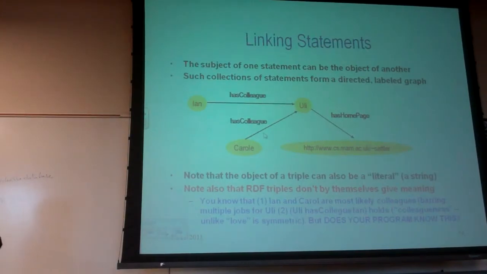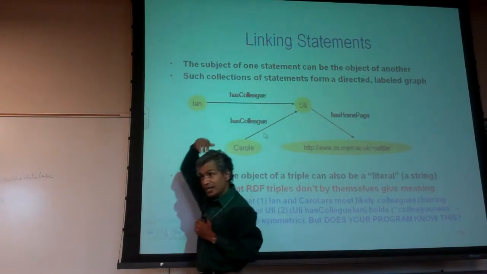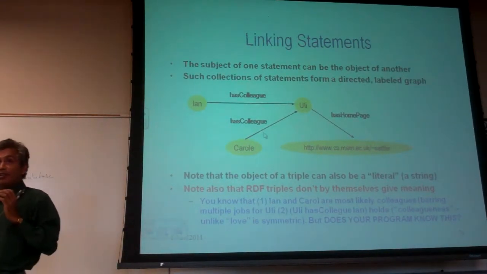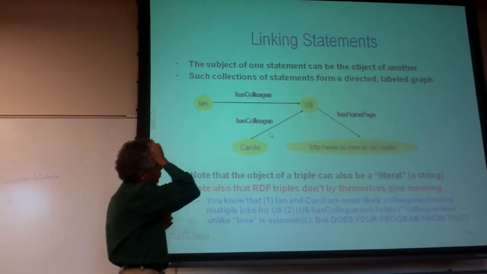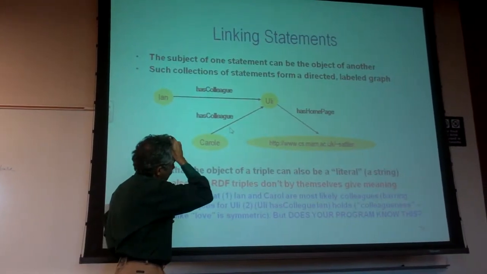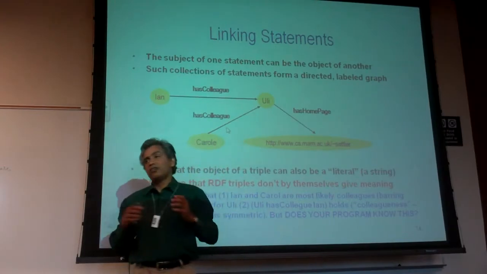To be able to say that, either you have to put one more link saying Uli has a colleague Ian, in which case you're repeating obvious stuff, or you will have to write the background knowledge.